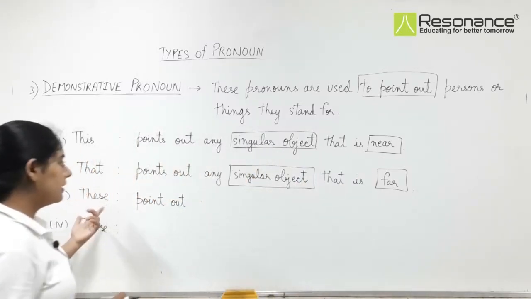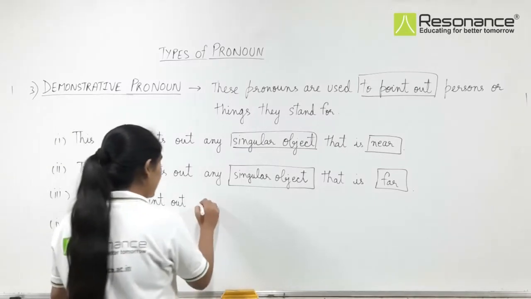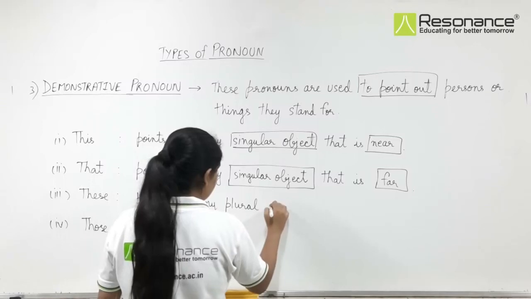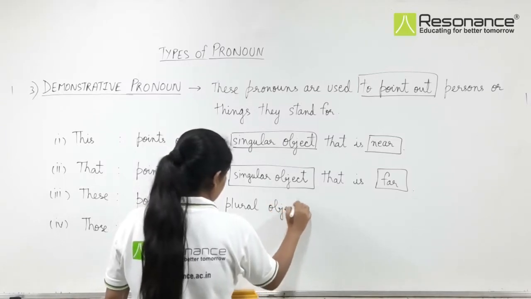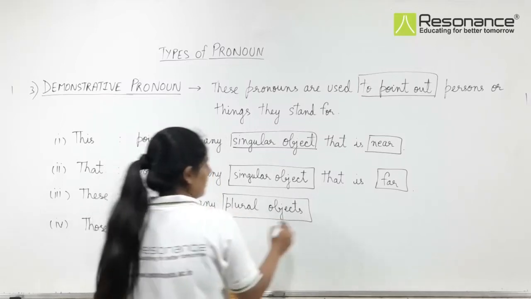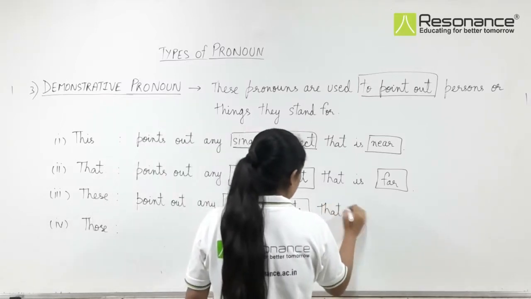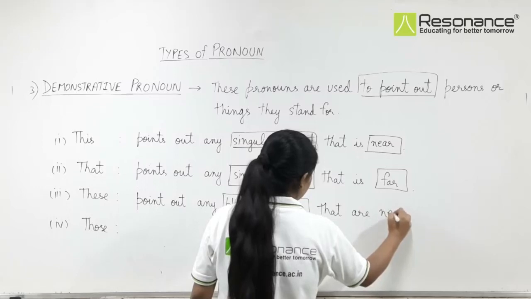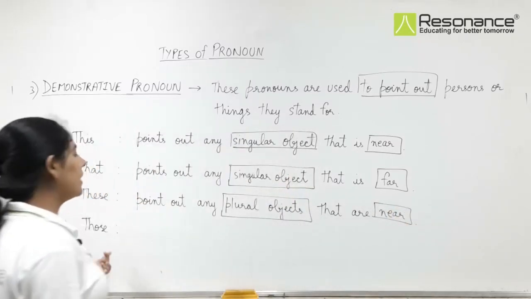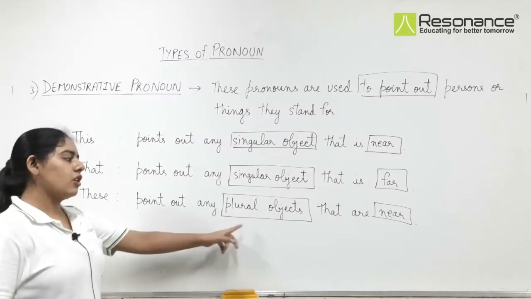And these point out any plural objects that are near. Okay, these or those, they are used to point out at plural objects.